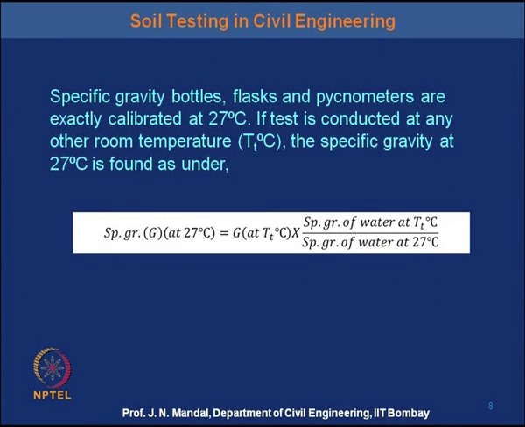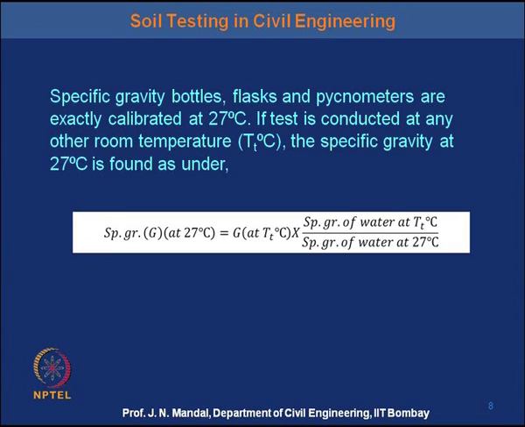The specific gravity bottle, flask and pycnometer are exactly calibrated at 20 degree centigrade. If the test is conducted at any other room temperature, let us say T1 degree, the specific gravity at 20 degree centigrade is also found.